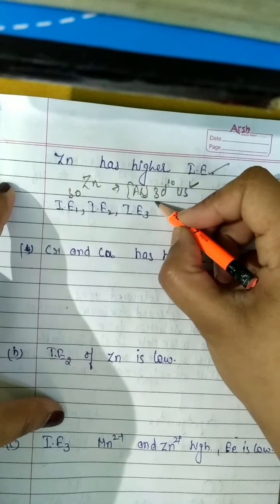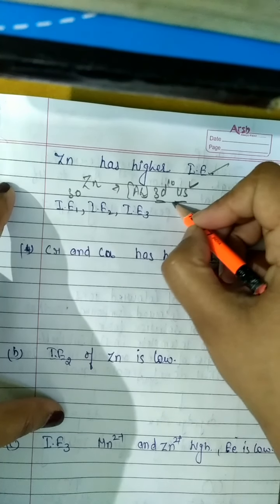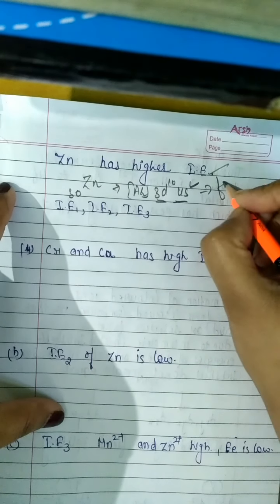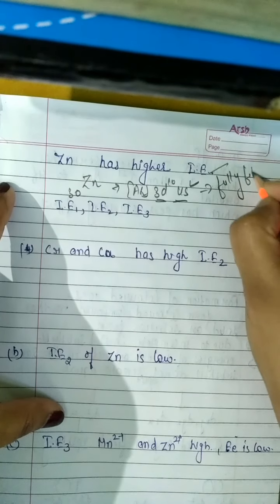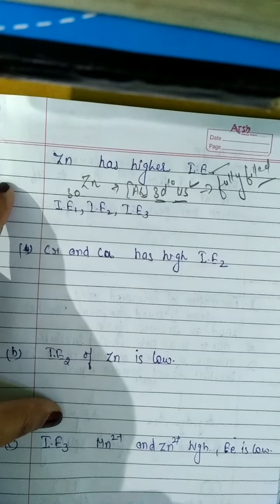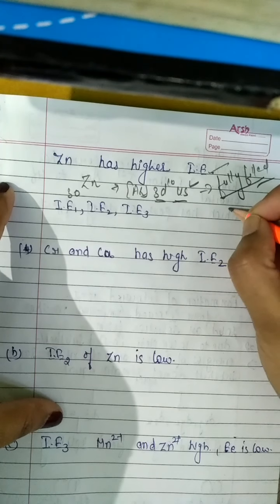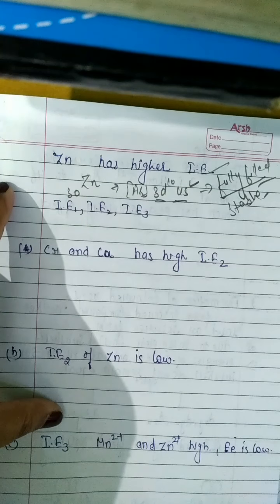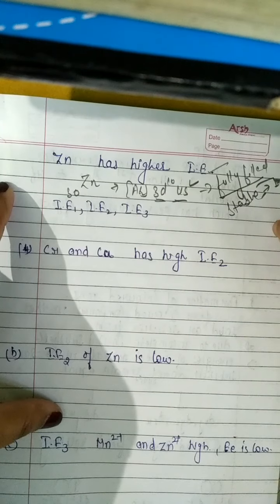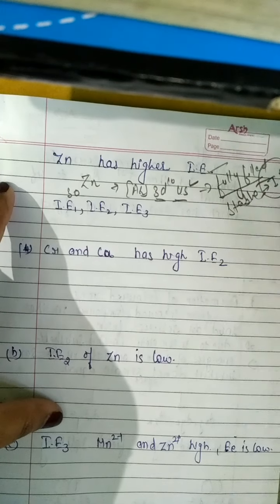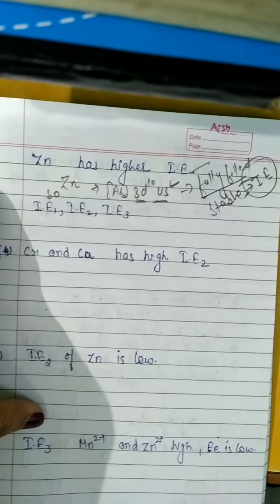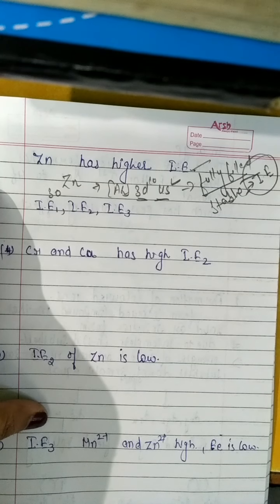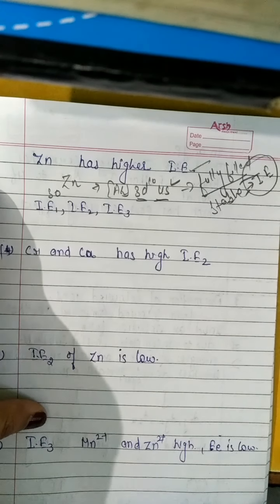In the case of zinc, the 3d orbital and the 4s orbital are fully filled. Clear? And fully filled orbitals are more stable. So that's why ionization enthalpy is more in the case of zinc. Clear?